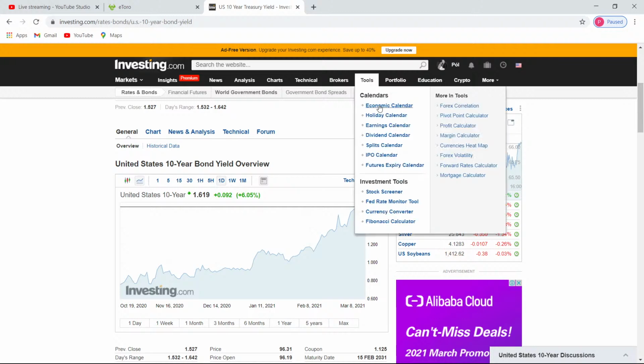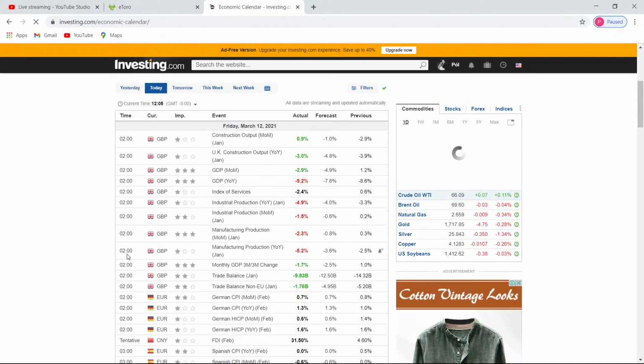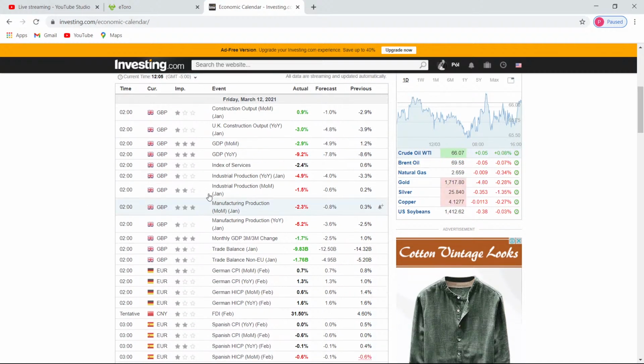So we can look at the economic calendar, and the major news was from Britain. GDP numbers were horrible, to be very honest. And then we have the manufacturing numbers, which also were absolutely horrible. The expected forecast was minus 0.8, and the actual number was minus 2.3.